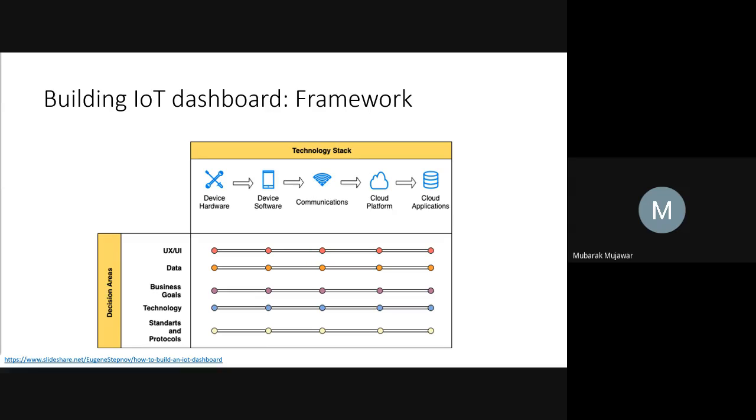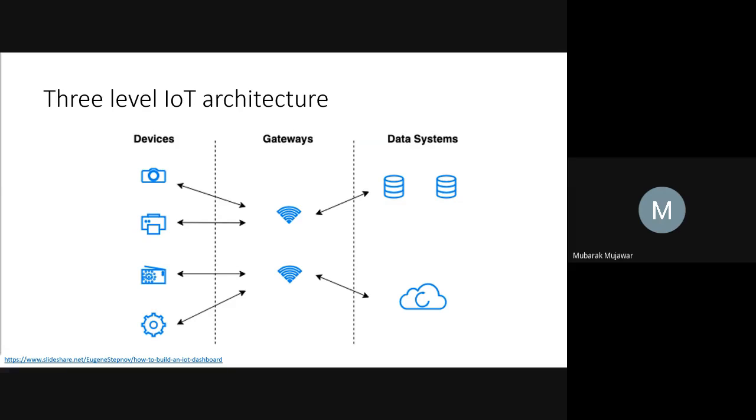Now, in the IoT dashboard architecture, we have to think about three different levels. One is the device level, the other is the gateway level, and the third is data systems. Again, we have to wisely think about what devices I'm going to connect, what gateway I'm going to connect, and how reliably and how quickly I'm going to get my data.